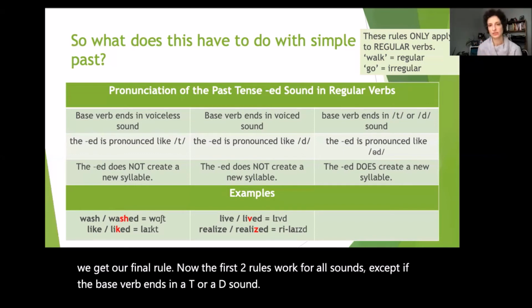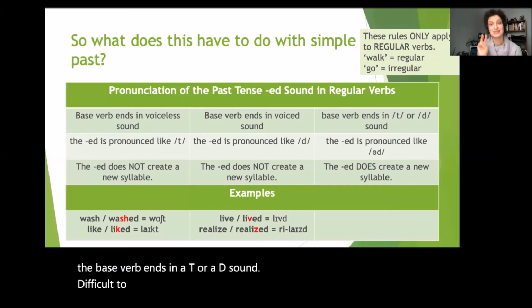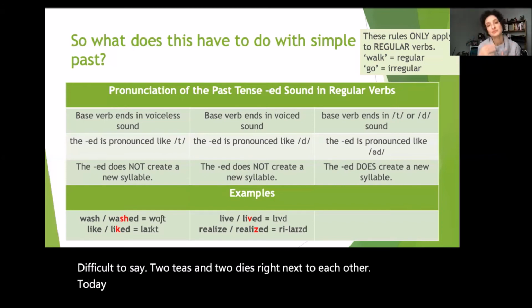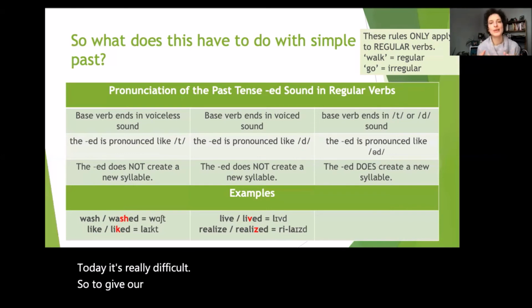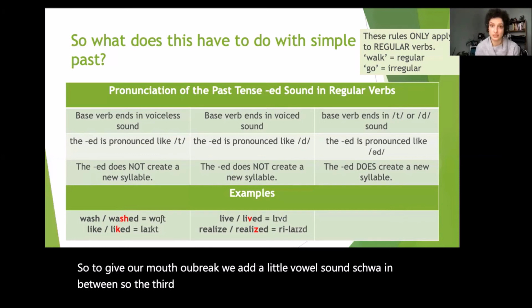It's too difficult to say 2 T's or 2 D's right next to each other. So to give our mouth a break, we add a little vowel sound, schwa, in between. So the third sound is ud.